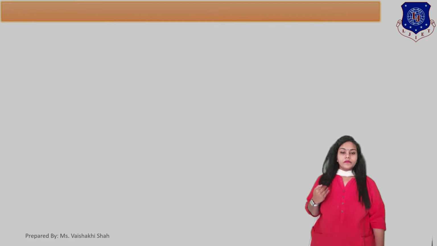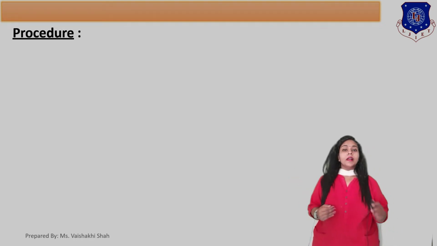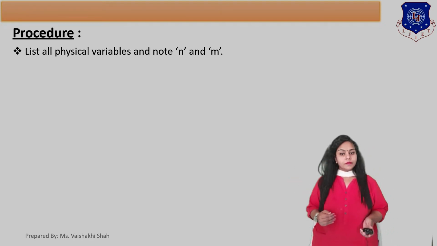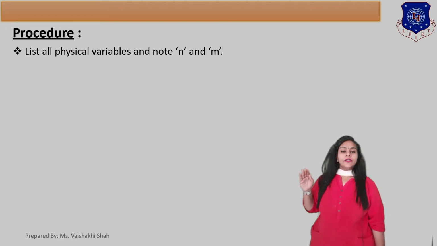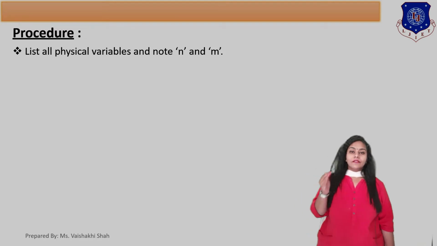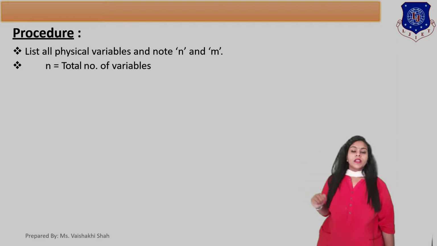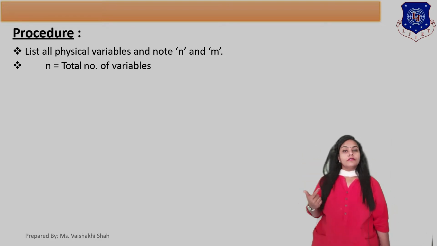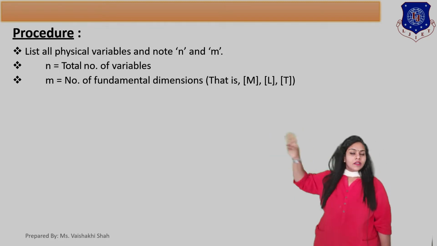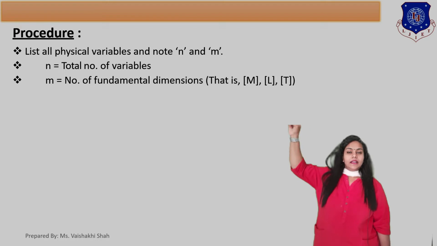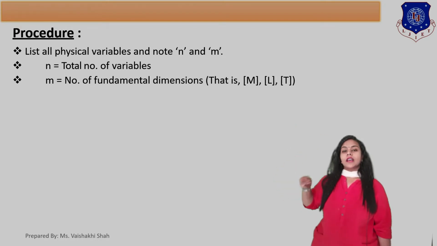Here are the steps for solving an example by the Buckingham-Pi theorem. First, list all the variables and note down n and m, where n is the total number of variables and m is the number of fundamental dimensions, which are 3: M, L, T. Remember that the number of fundamental dimensions is always 3.